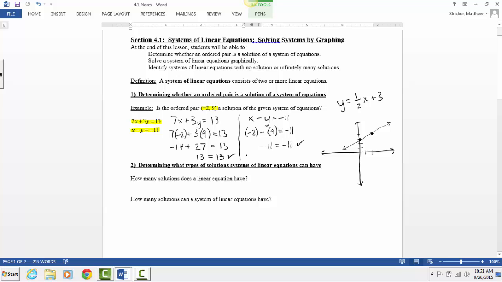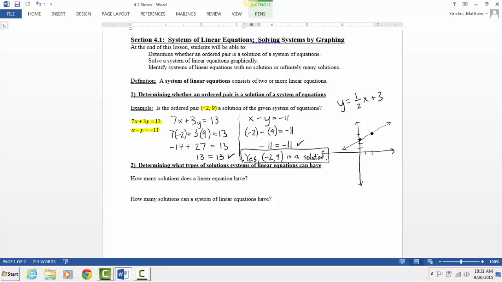It checks out, so yes, -2, 9 is a solution. Let me say it one more time. Because -2, 9 is a solution to both equations in the system, it is a solution to the system.